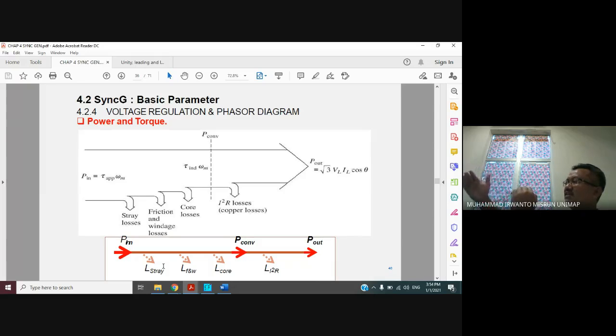During this process, the generator has losses.